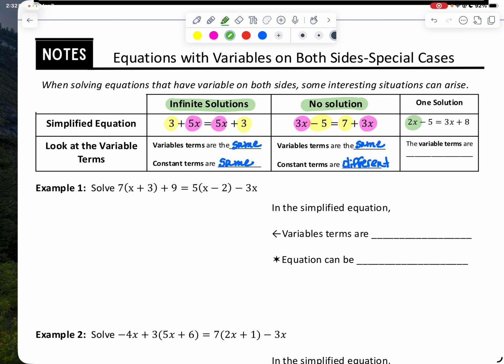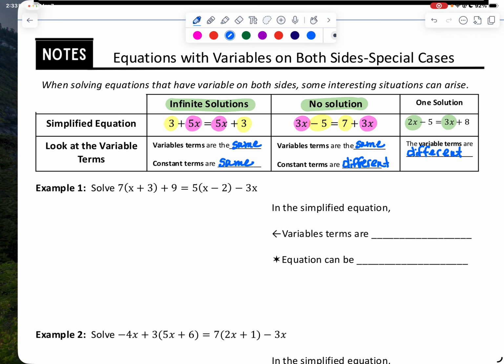So in this problem here, the variable terms are different. If the variable terms are different, that means you will have one solution to the equation. One solution. Okay? Now let's look at an example of this.